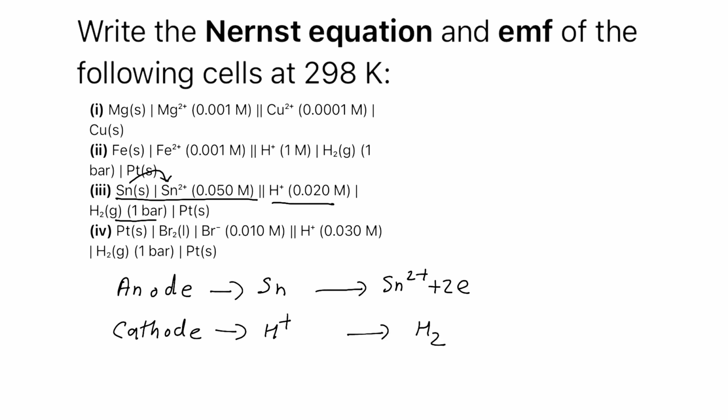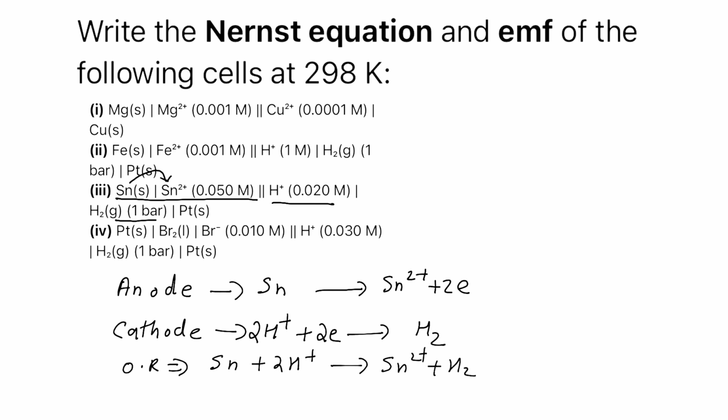H2, which means you have to use 2H plus, and of course 2 electrons will be there, right? As the number of electrons in anode and cathode reactions are the same, just add the reactions, you will get the overall reaction. So what is the overall reaction? Tin plus 2H plus gives tin 2 plus plus H2.